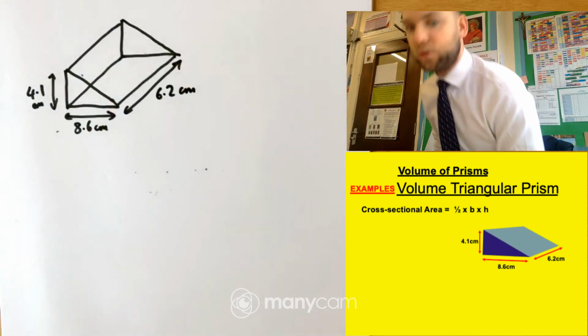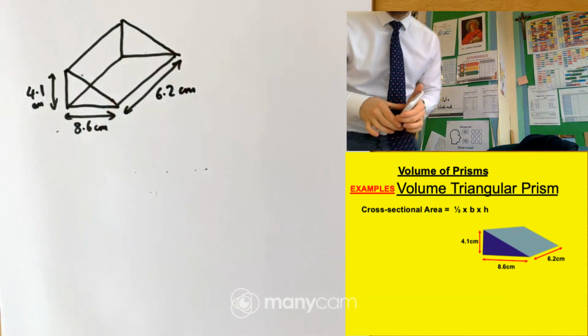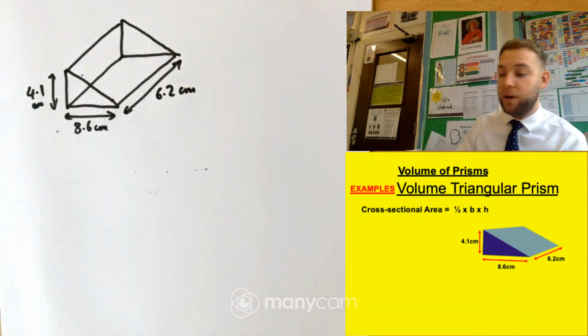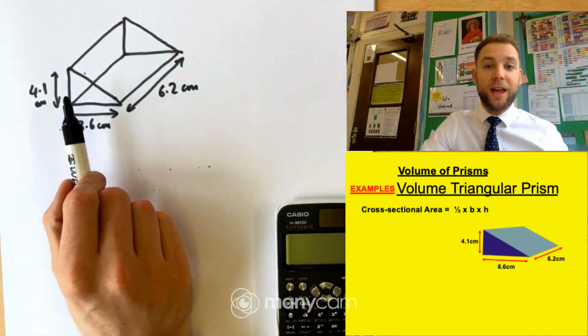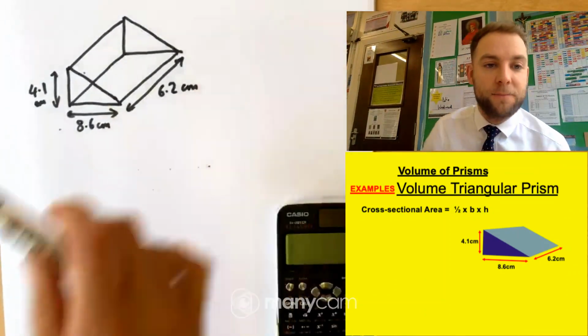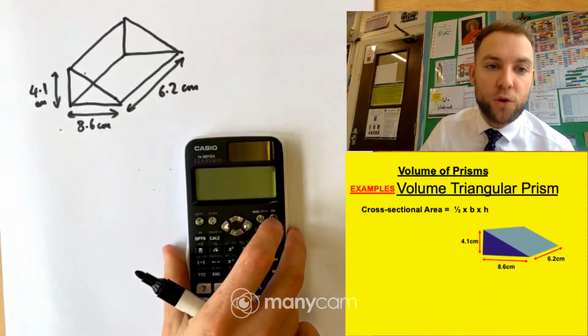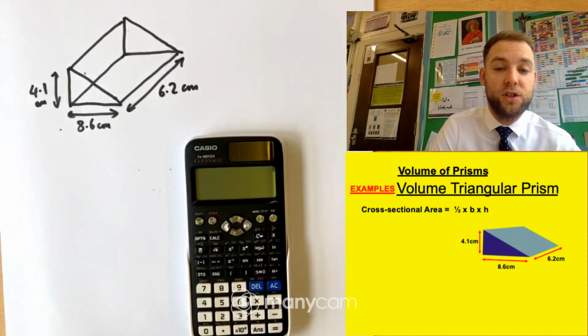I'm just going to go and grab my calculator. So we know that the cross section is this front bit here. So we've got to work out the area of that front bit first, and then we can times it by the depth.